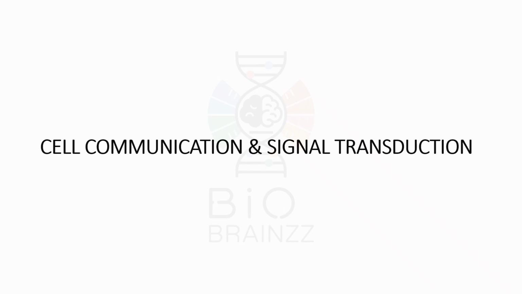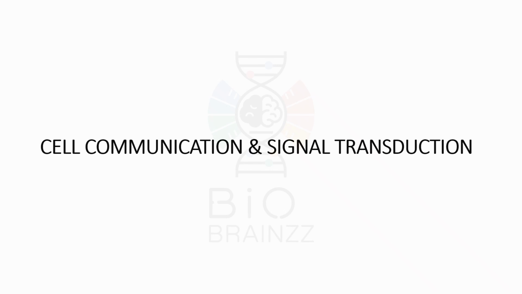Now we are entering the third major part of this lecture, which is cell communication and signal transduction. This topic explains how cells talk to each other and respond to signals, which is essential for coordination in multicellular organisms.